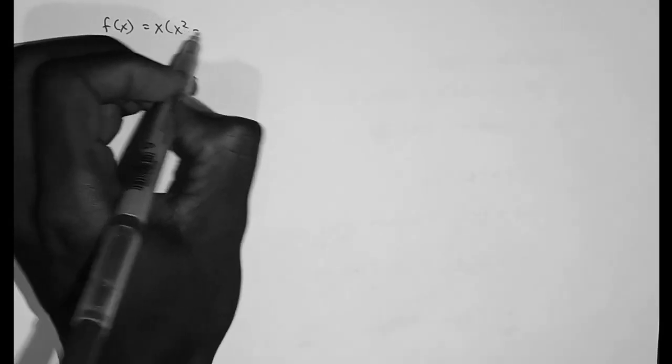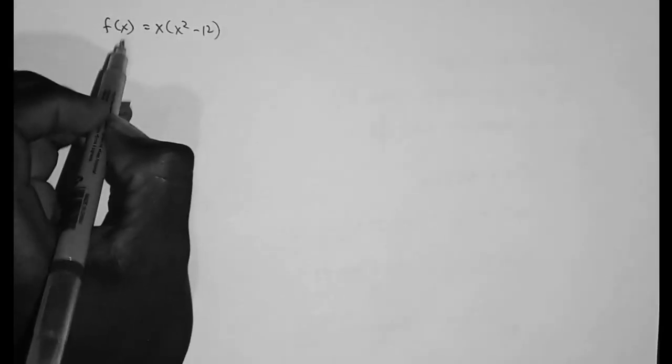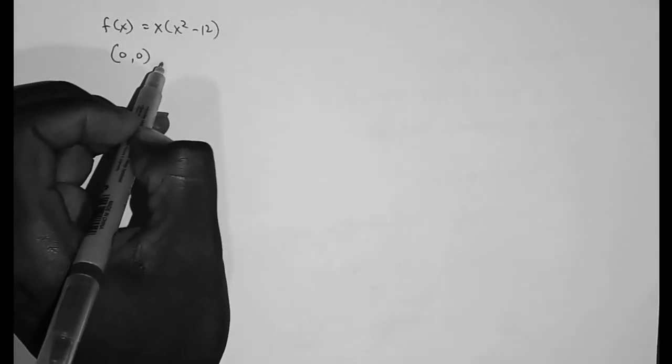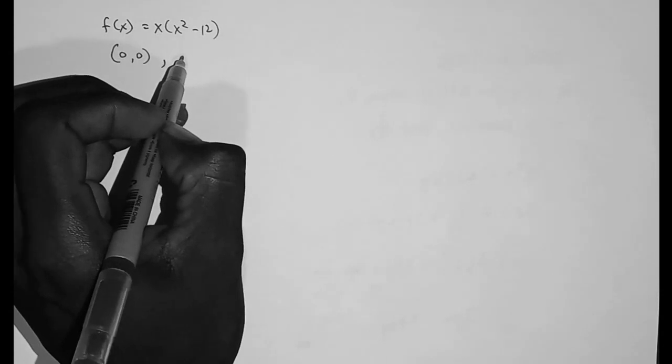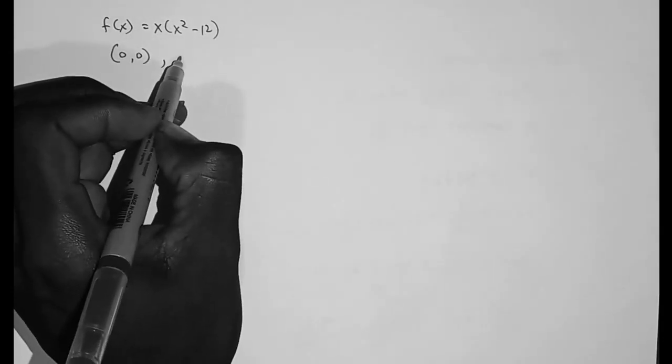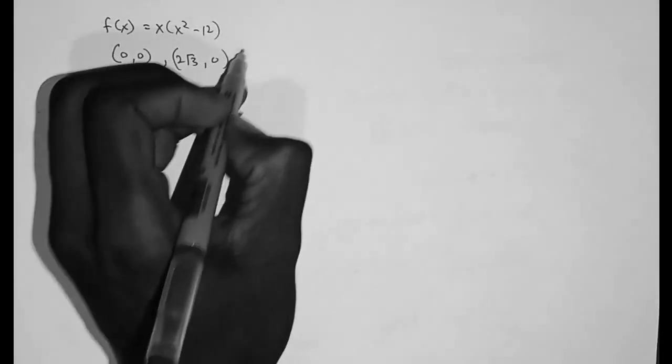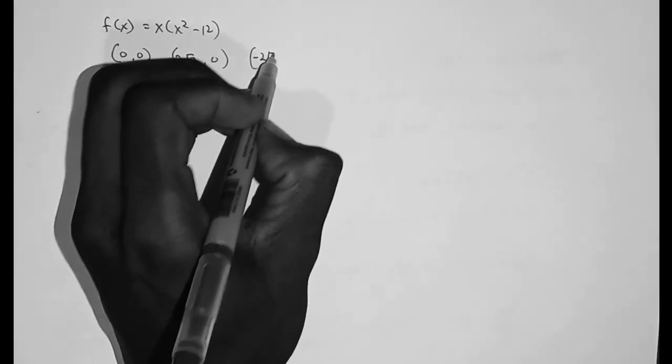So the points we found for the curve f of x equals x times (x squared minus 12): we found the y-intercept as (0, 0), and then we also found the points (2 root 3, 0) and (minus 2 root 3, 0).